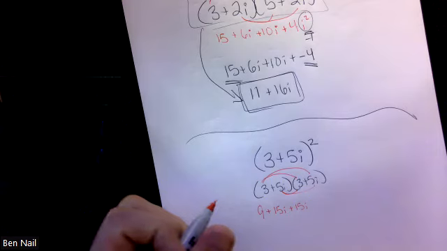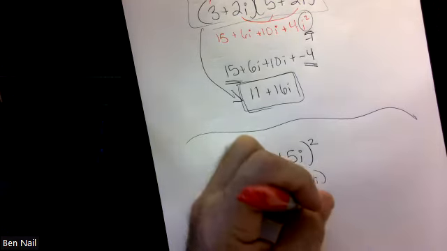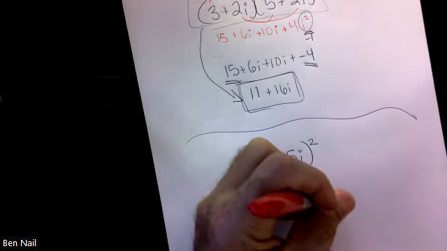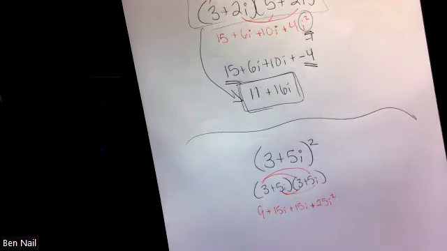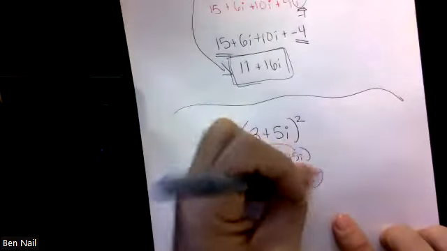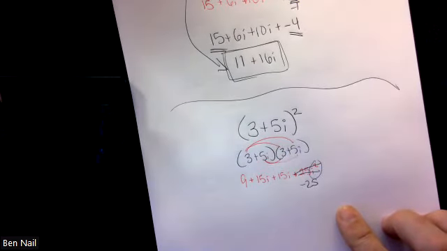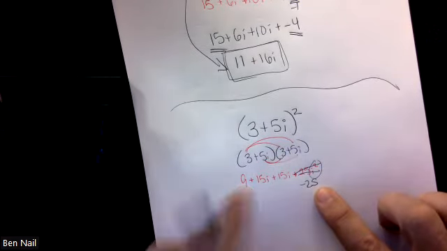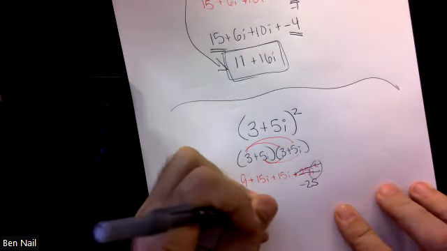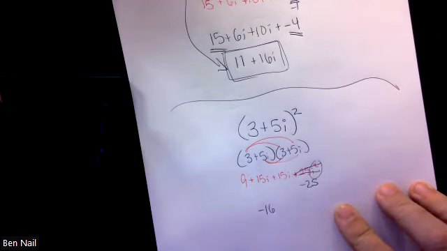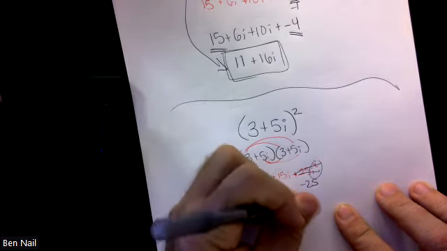And then 5i times 5i is 25i squared. And again, i squared is -1. So that just takes my 25 and makes it a -25. Combine like terms, 9 minus 25 is -16. 15i plus 15i is 30i.